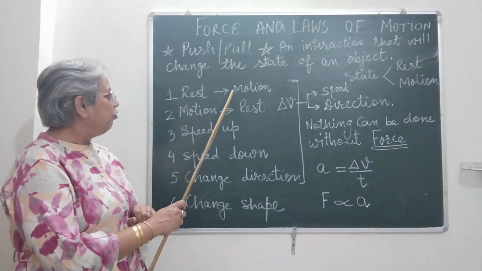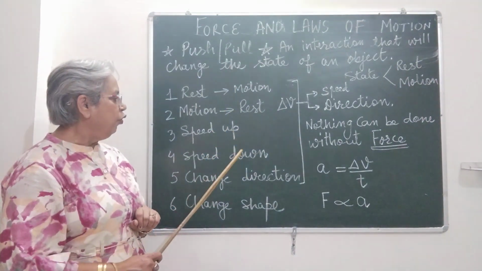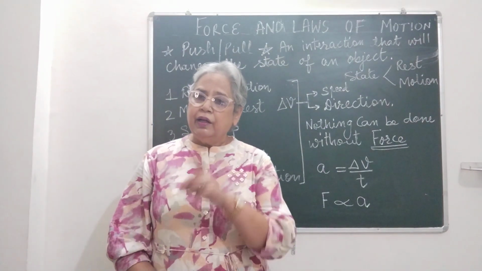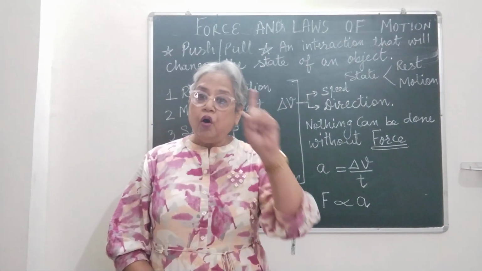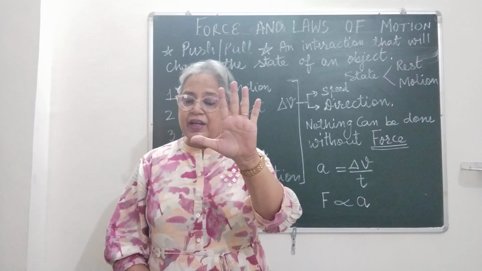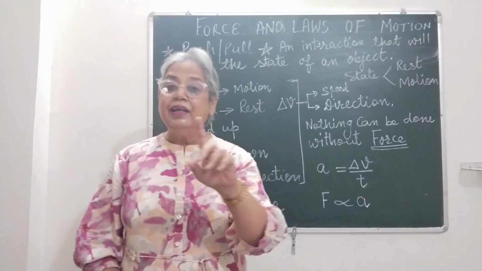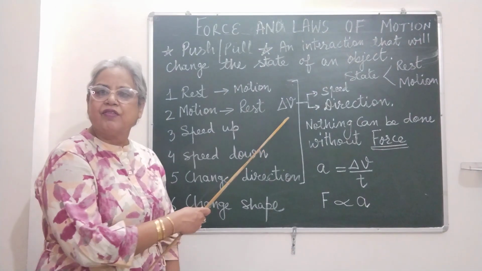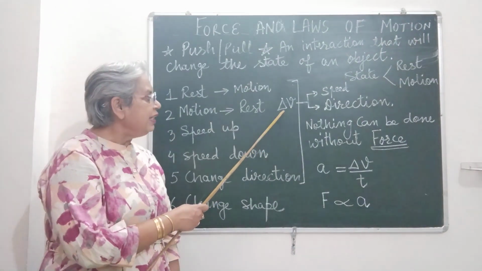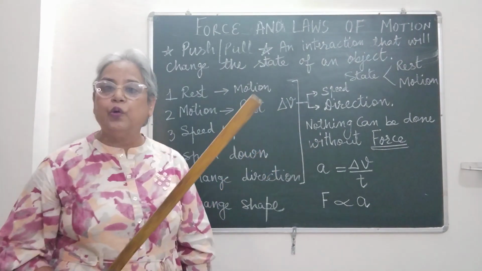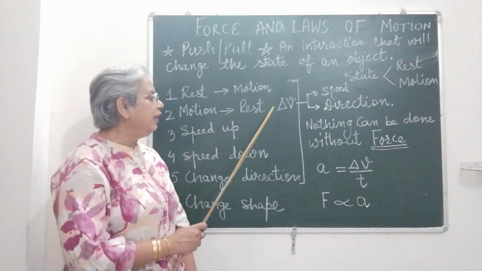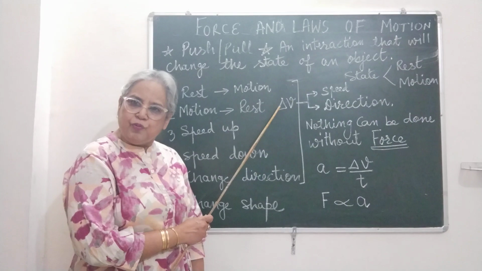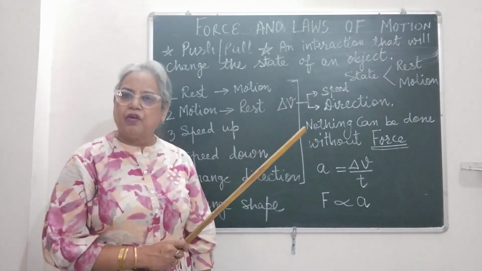Now if we look at 1, 2, 3, 4 and 5 cases, do you agree that all these 5 cases involve a change in velocity, and change in velocity is denoted by the sign delta V. Delta means a small change and V is velocity.